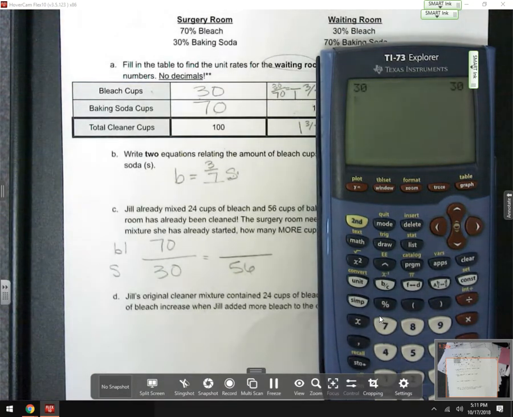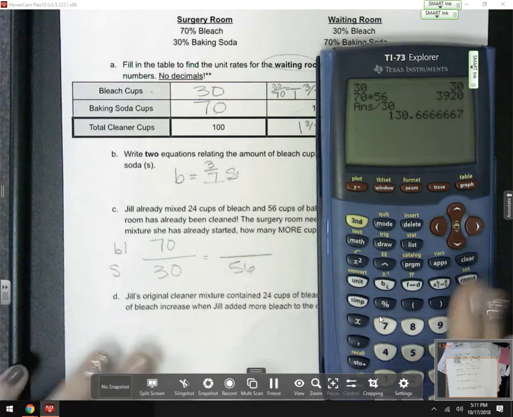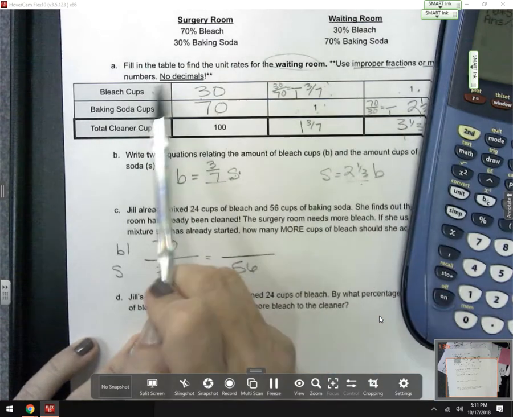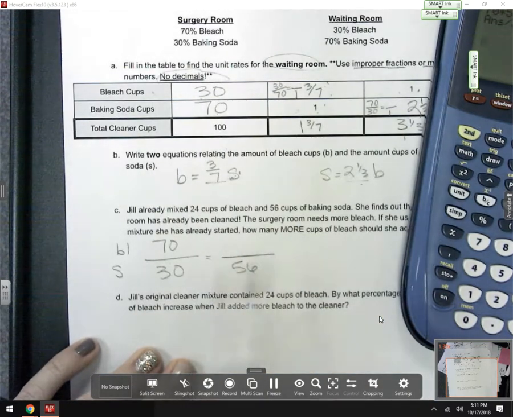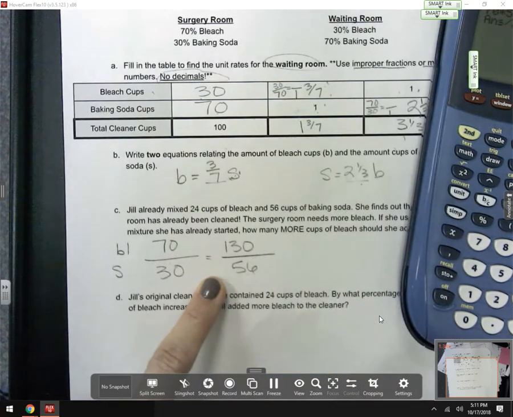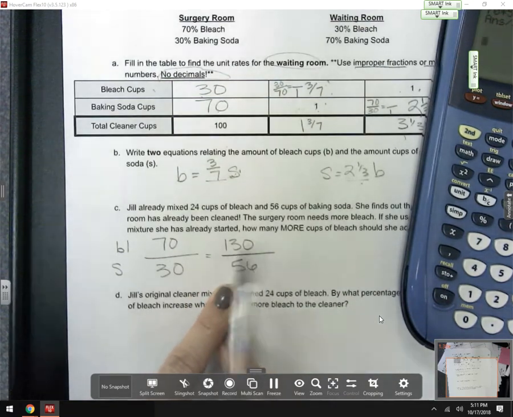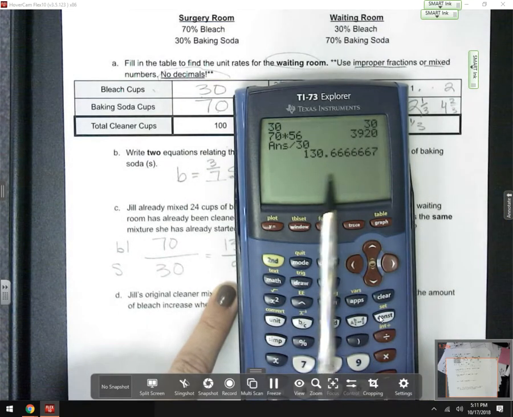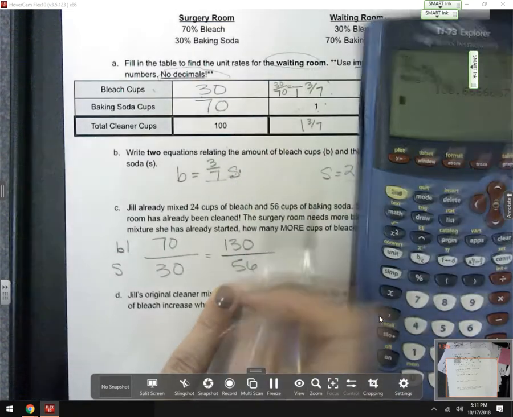Oh, goodness, I must have hit clear. 70 times 56. Oh, I did. Divided by 30. So I've got 130 in some kind of crazy decimal, but this said no decimals. This says use improper fractions. So I know that I've got this crazy decimal here, which actually would end up being 2/3.